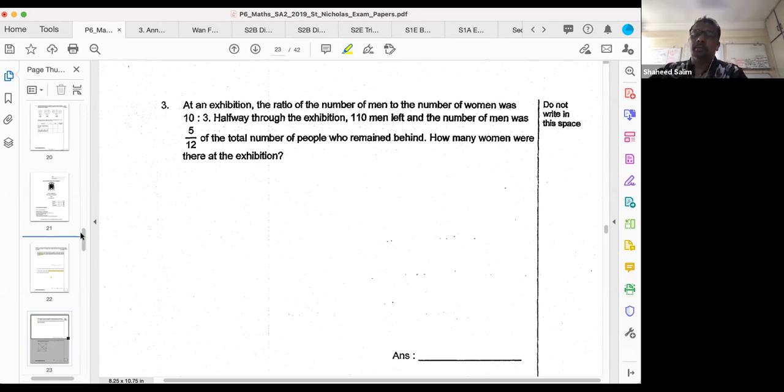Ask yourself what is the same, what does not change? Dawish, what does not change before and after? What doesn't change? Number of women. Make the units in the ratio the same for women. But the women doesn't change.